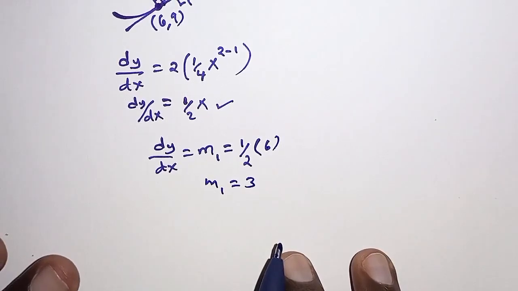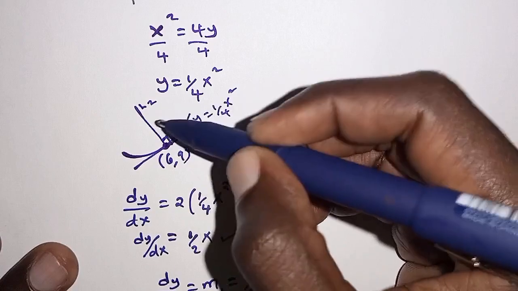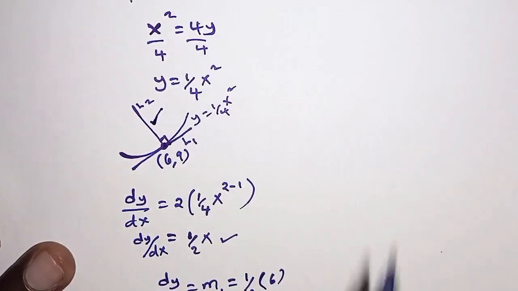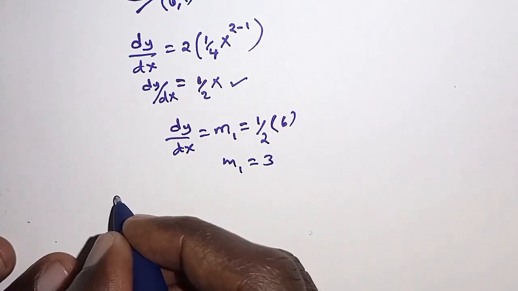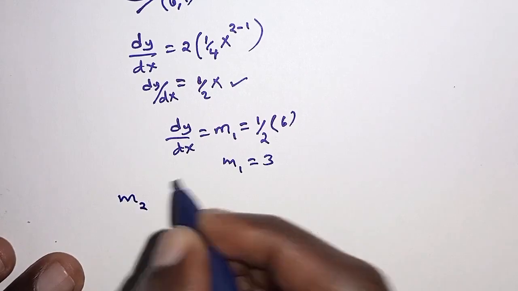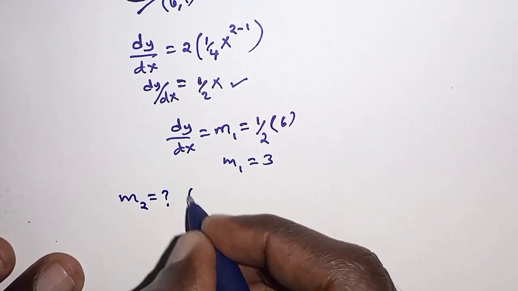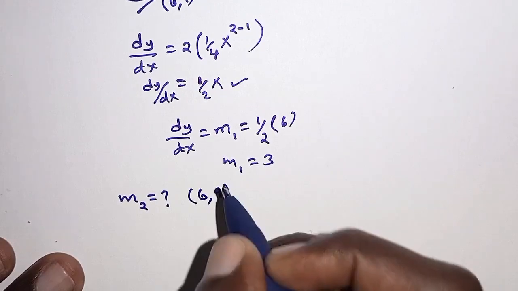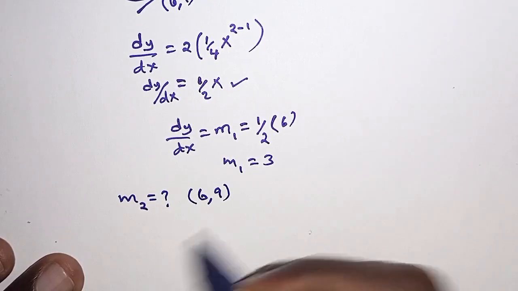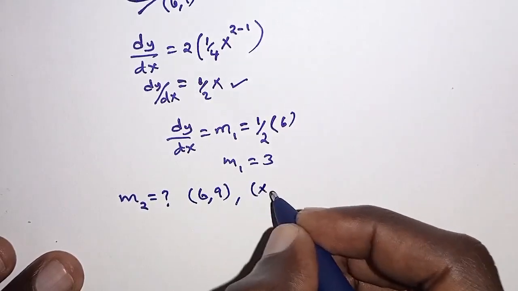But the question requires us to get the equation of the normal. The requirements are, we need to have the gradient of the normal line, that is line 2. Already we know a point. They share a common point, that is the normal line and the tangent. And we'll also have a general point (x, y).